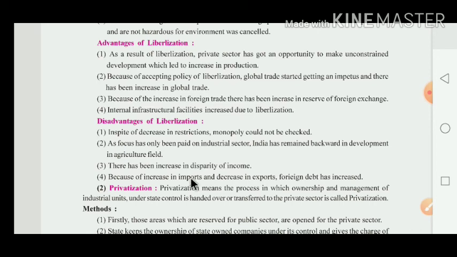It is known as an importer. It means we are purchasing goods from the other nation. Export means our nation supplies goods to the other nation. It is known as export. Here India's imports are more and India's exports have decreased. That is why foreign debt has increased.